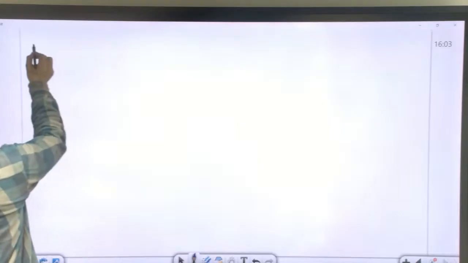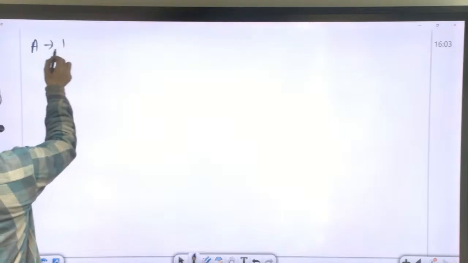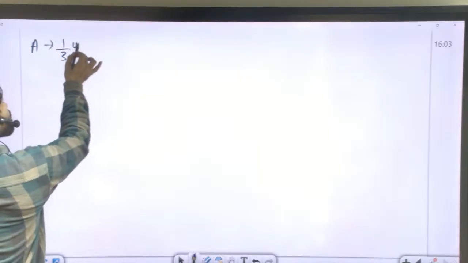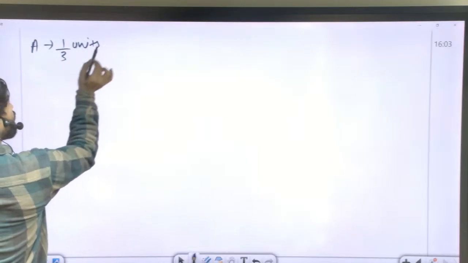Okay, look at the board first of all. We have done that fraction part in our first lecture. And in this question, we have some simple information. A can complete 1/3 of the work in 10 days. So let's talk about A. He does 1/3 units of work in 10 days.